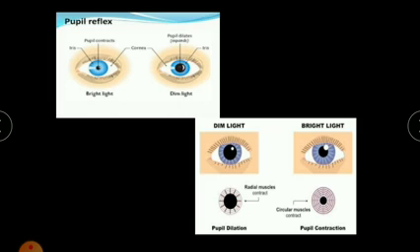Why is it so? Because less light can enter the retina. Whereas in dark situations, the pupil expands. Why is it so? Because the majority of rays of light can travel through the pupil and an image can be obtained. So this is the behavior of the pupil.